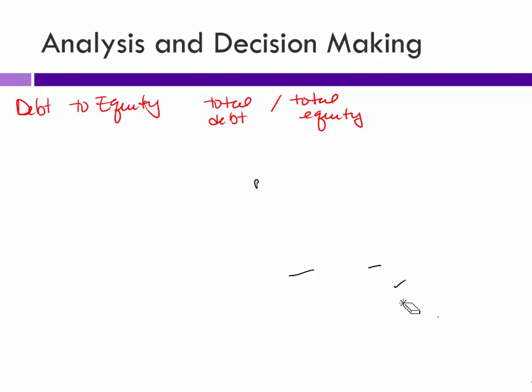It's acting a little strange, and I don't want to start over because it's taken forever. Sorry. If this debt to equity ratio is greater than 1, then that means this company uses more debt financing. If it's less than 1, that means they use more equity financing. More debt financing means when they need to raise additional money, they borrow it or issue bonds. Equity means they're issuing stocks.